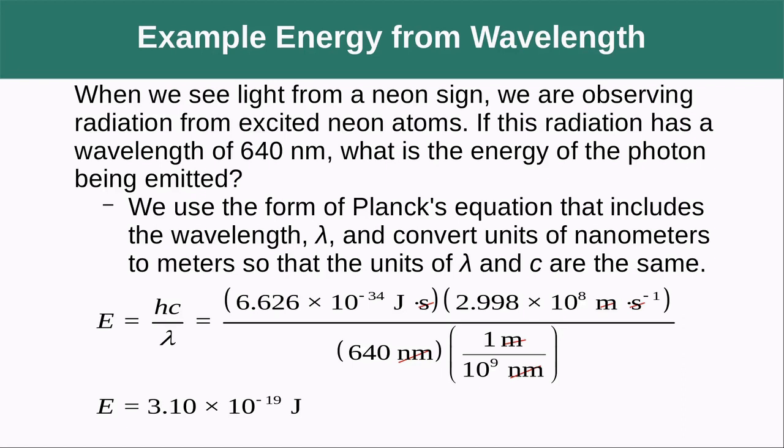All right, so we're going to use that equation we had before, where energy is equal to Planck's constant times the speed of light divided by lambda. We're going to remember that we need to convert our wavelength from nanometers to meters. We cancel all of our units, we get joules, and we see that this light has an energy of 3.10 times 10 to the negative 19 joules.